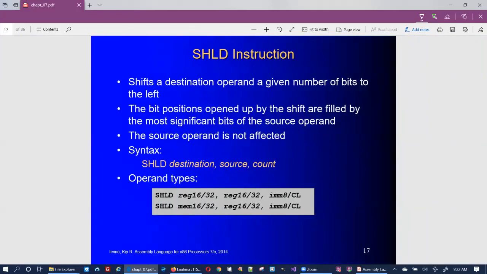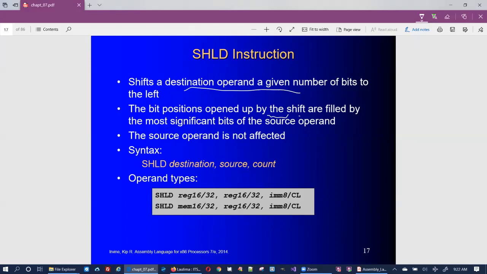Okay, this is a 3-operand instruction. It's shift left destination, and it shifts a destination operand a given number of bits to the left. The bit positions that are opened up are filled with the most significant bits of the source operand.